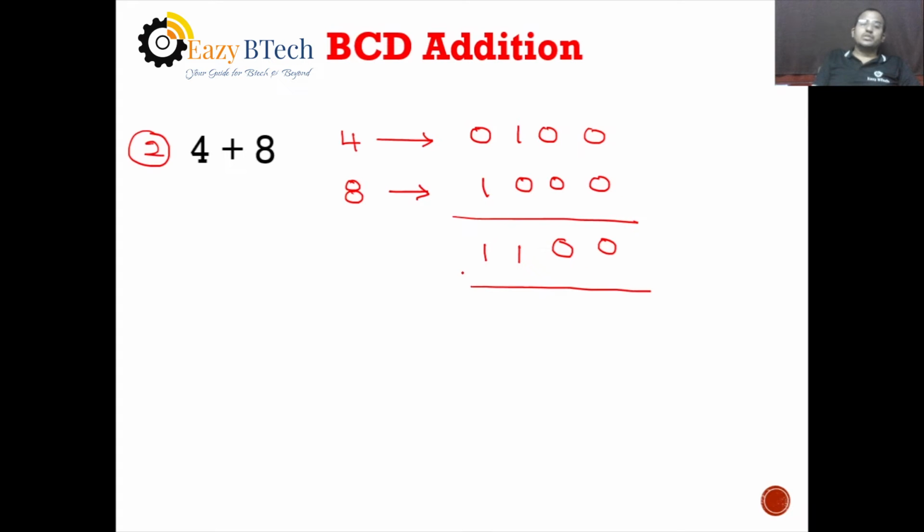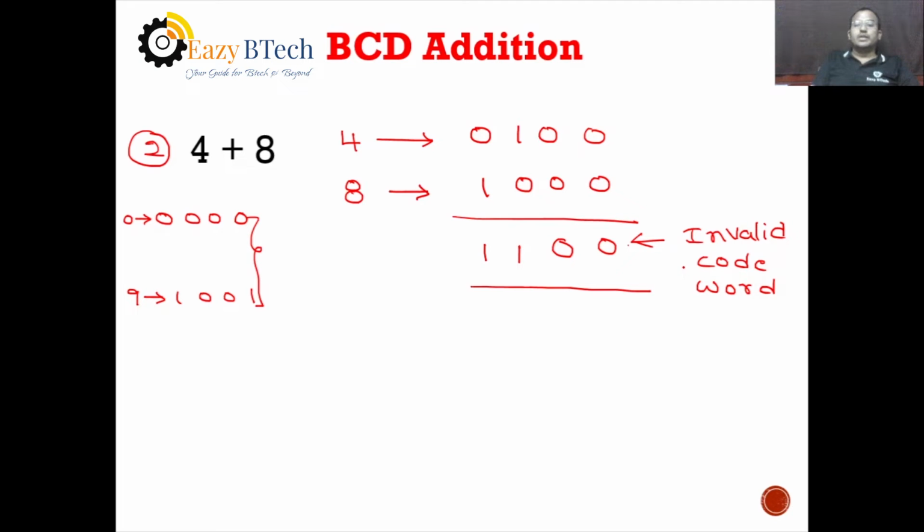Now if you check, the valid codes run from 0000 for 0 to the last one, 9, which is 1001. Only these are valid. Here we got 1100, which is an invalid code word.